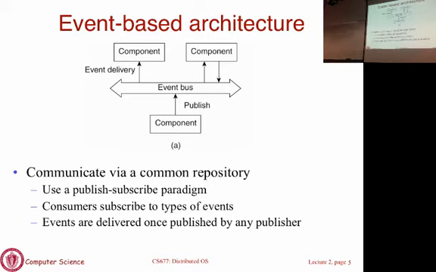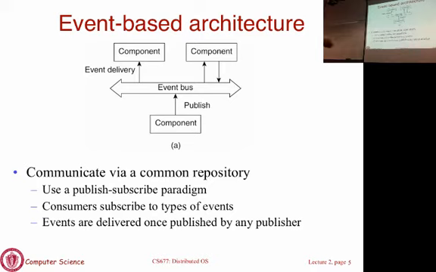Okay? Slightly different way of writing an application. In another application, when you're messaging, you say, here's a message, send it to this component. You explicitly address it to a particular component. In publish-subscribe, you don't address messages or events to any specific component. Messages just have types, and other components are subscribed to messages of certain types, and those messages will be delivered by the event channel or the event bus.